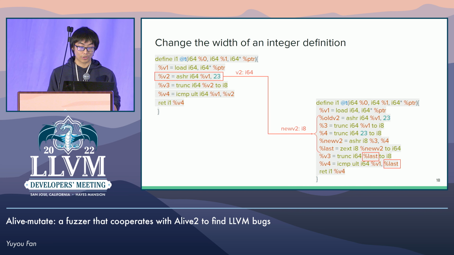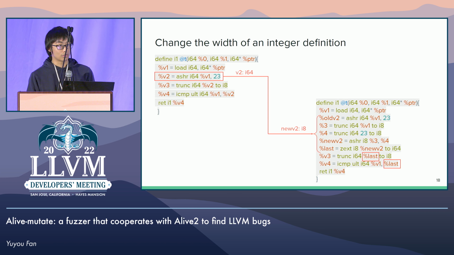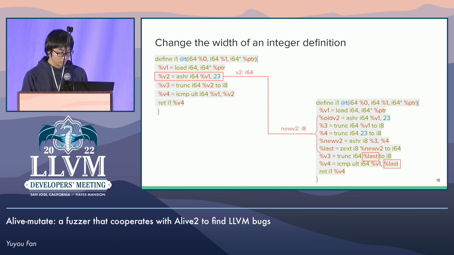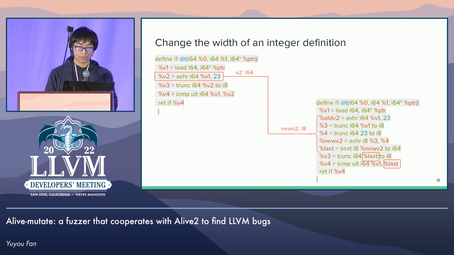Finally, we have a mutation called change the width of integer definition. This mutation is really important to the backend because we used it to find many backend bugs. Here, v2 has type i64. We want to change it to type i8. There are 3 steps. First, we need to truncate both operands.